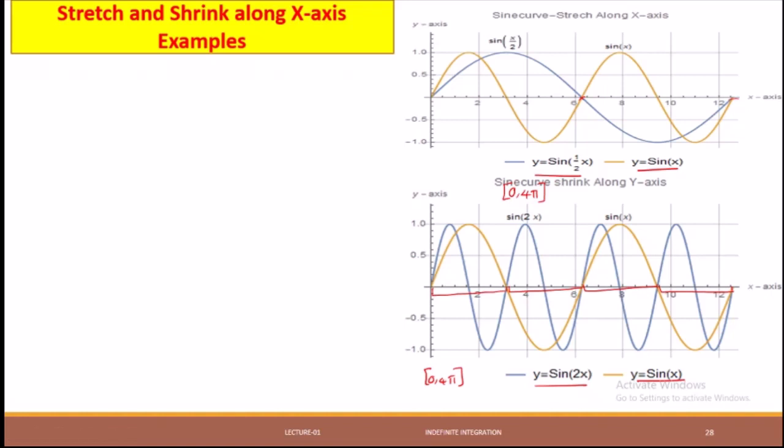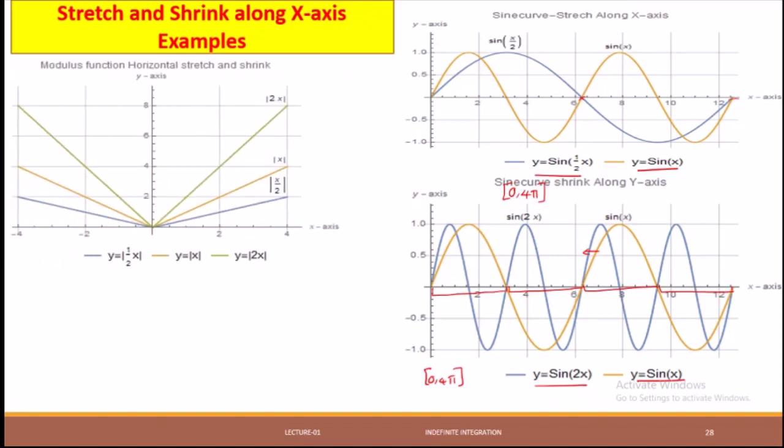In order to get the sin 2x graph, the graph of sin x gets compressed. So the orange color graph gets compressed and you get the blue colored curve, sin 2x. Let us understand with the help of one more example.